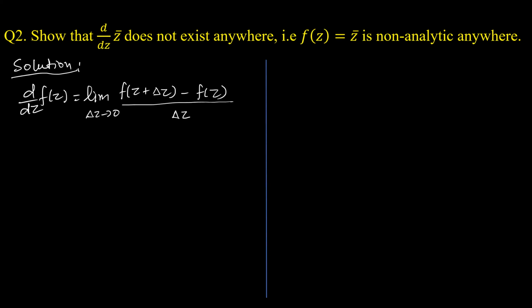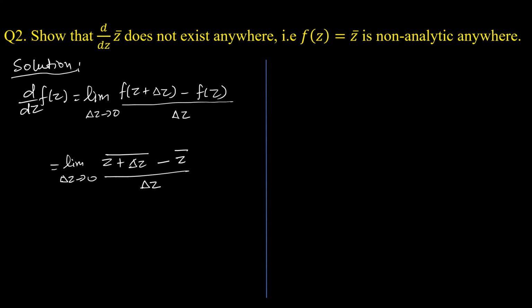So this can be written in this way: limit del z tends to 0, f of z plus del z, so f(z) is z bar, so it can be written as z plus del z bar minus z bar upon del z.